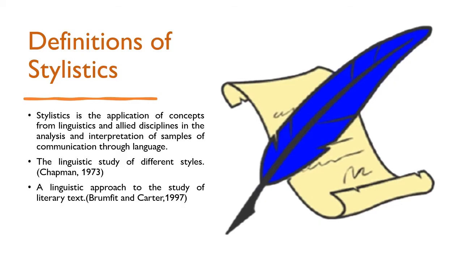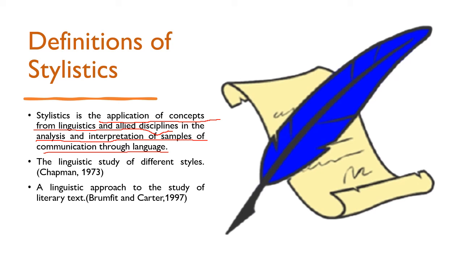So to review the definition of stylistics, again, we can say that stylistics is the application of concepts from linguistics and allied disciplines in the analysis and interpretation of samples of communication through language. It is an application of concepts that we have from linguistics and literary criticism, and those kinds of analysis in giving a different interpretation of a particular text or literature.